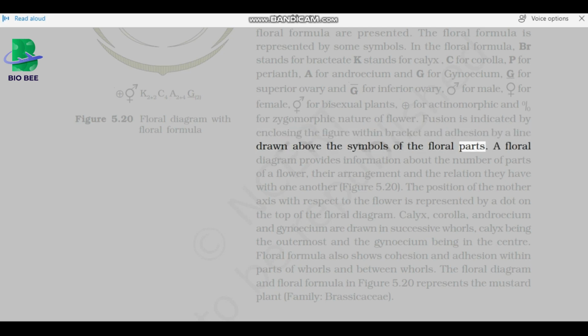floral parts. A floral diagram provides information about the number of parts of a flower, their arrangement, and the relation they have with one another. Figure 5.20. The position of the mother axis with respect to the flower is represented by a dot on the top of the floral diagram.